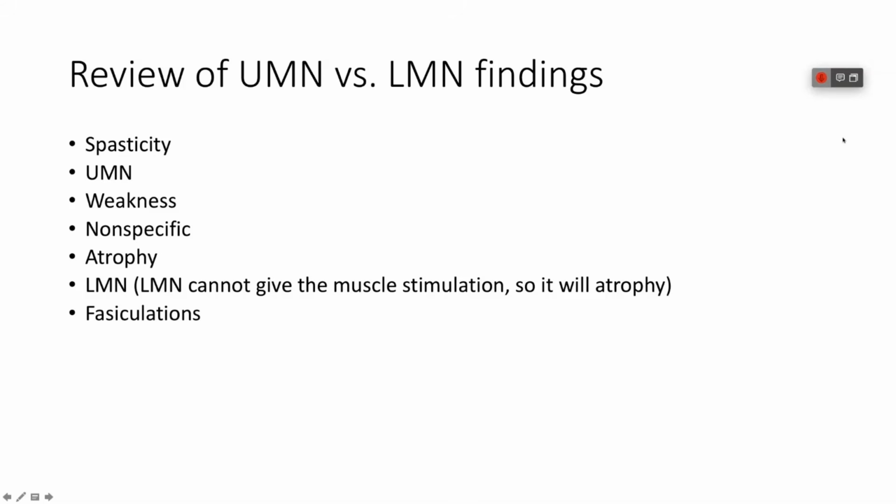How about fasciculations? This is a really common one that you'll see. So let's go with Josh. Fasciculations, is that more upper or lower motor neuron? Lower. Can you explain the pathophysiology of why that might be? I'm not sure. Does anyone know? This is actually really interesting and comes up not infrequently on USMLE.